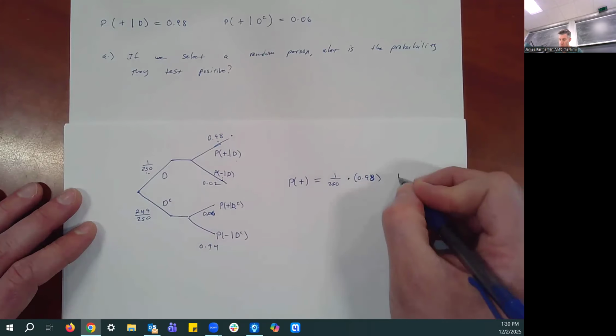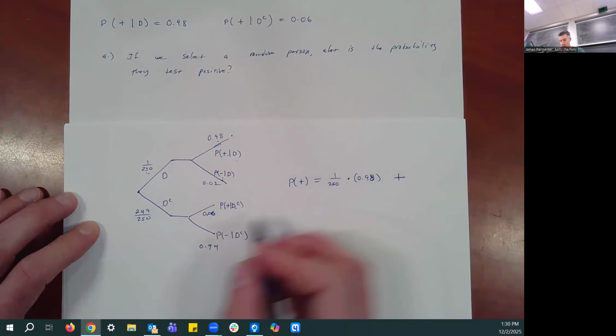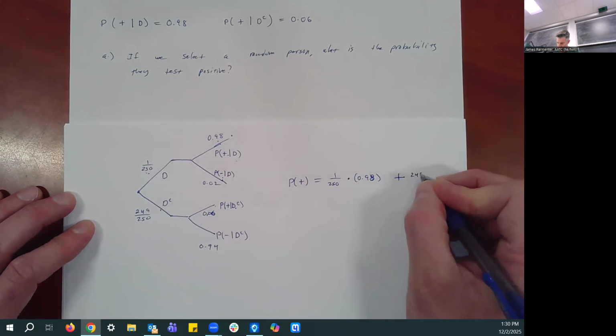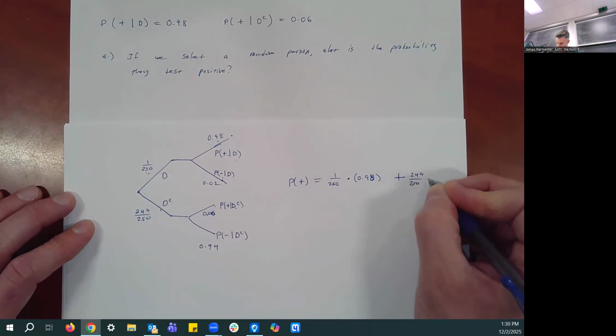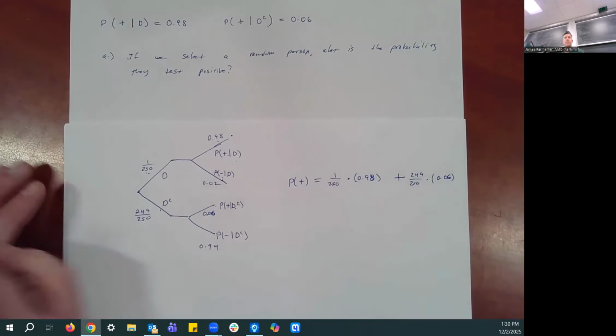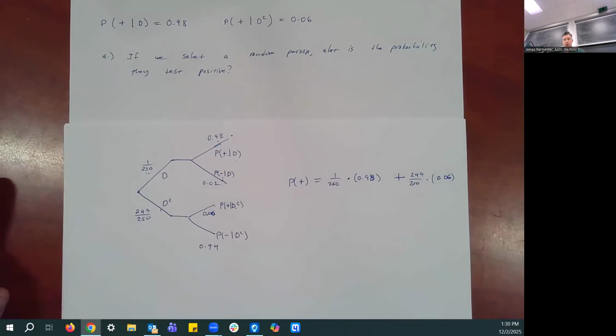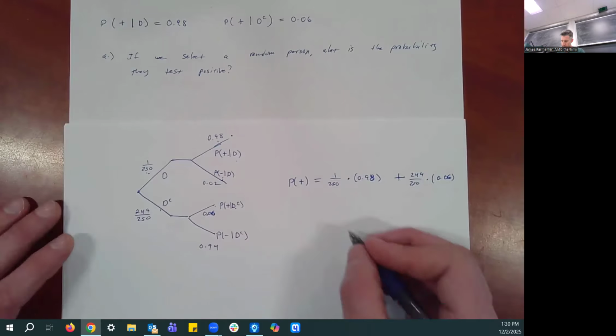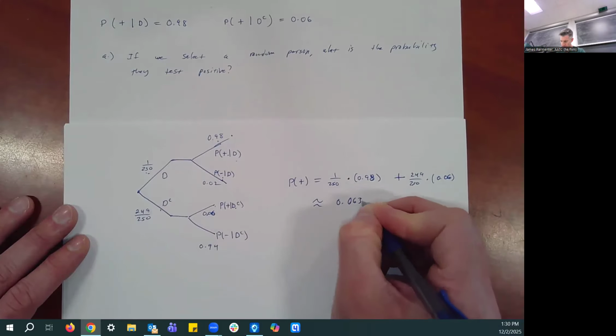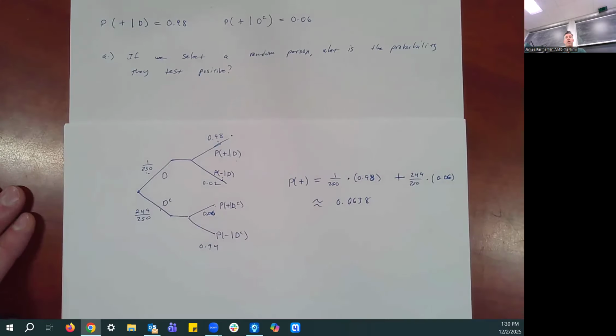Or we add not having the disease and having a positive test: 249 out of 250 times 0.06. This ends up being approximately 0.0638. So the probability that a random person on the street would have a positive test is a little more than 6%.